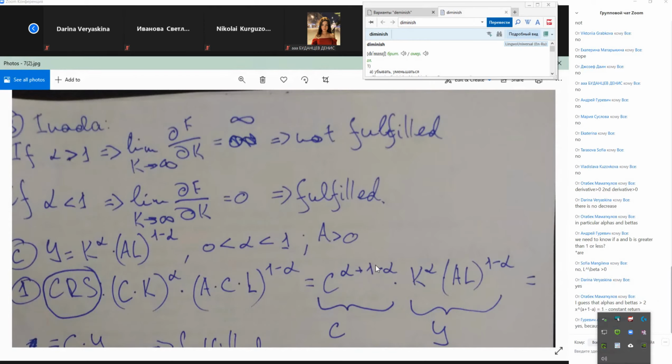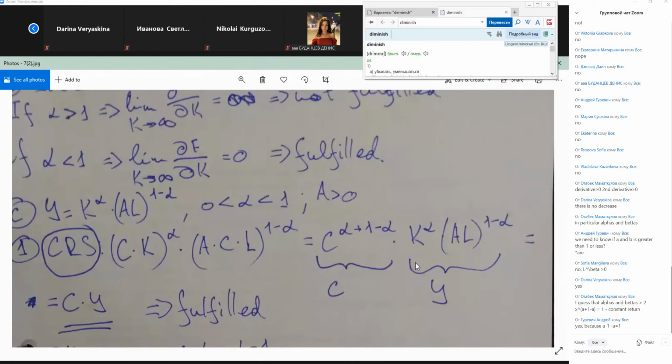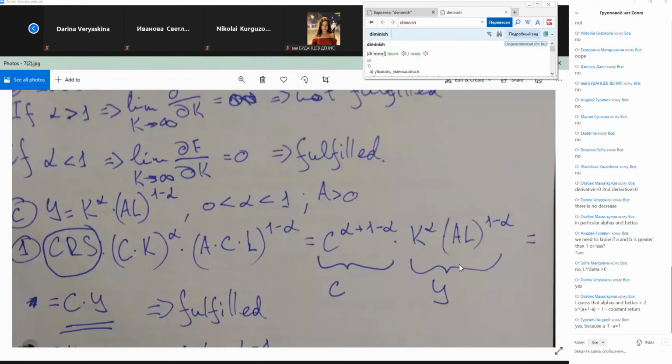And the rest is just our output: K to the power of alpha times AL to the power of 1 minus alpha. We see that this is just c times Y. Our constant returns to scale requirement is fulfilled.